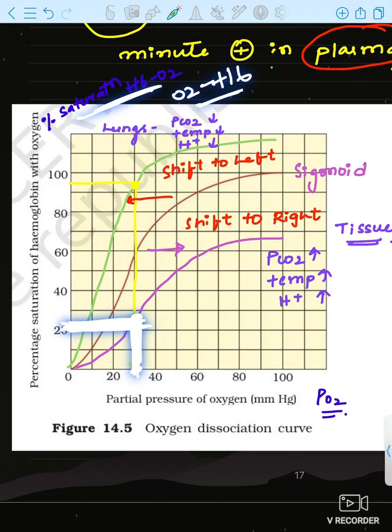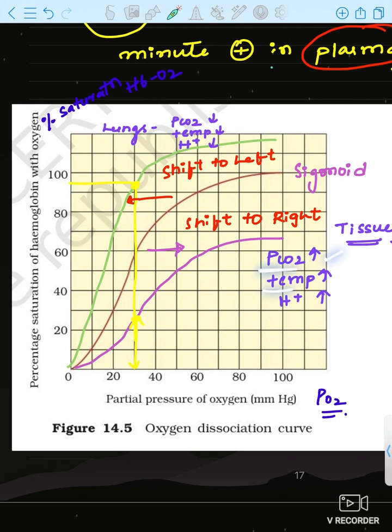Why? Because CO2 is more. CO2 is combining with hemoglobin, that's why oxygen saturation with hemoglobin is decreasing. The conditions when saturation is lesser: PCO2 is more, temperature is more, and H plus ions are more. This occurs in tissues, we all know.